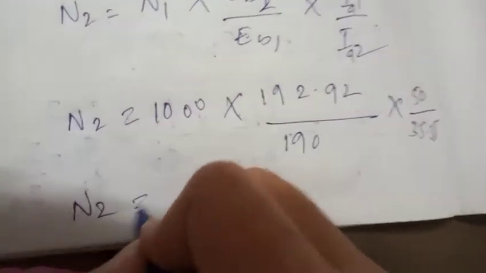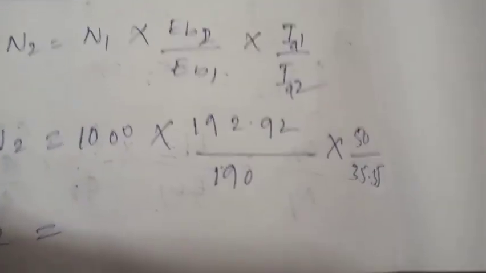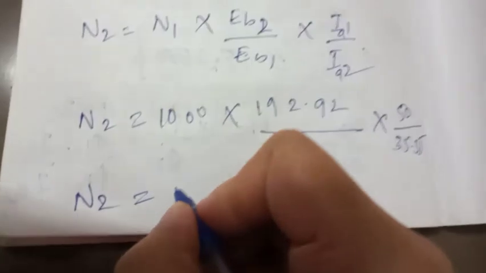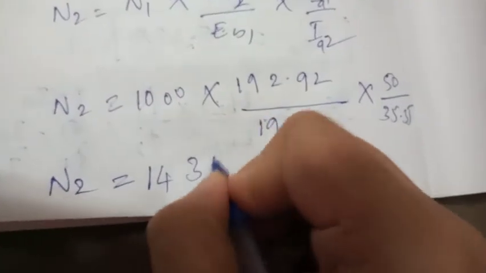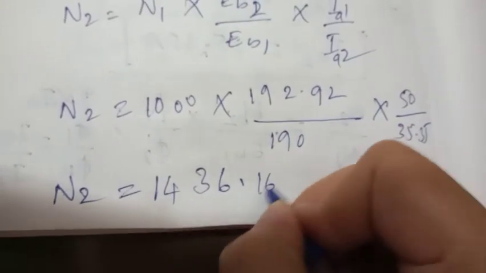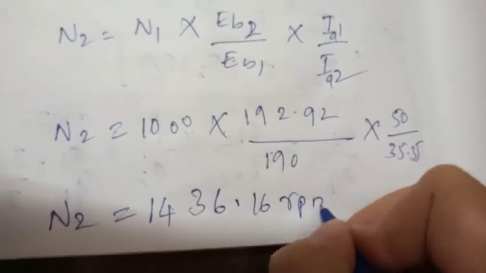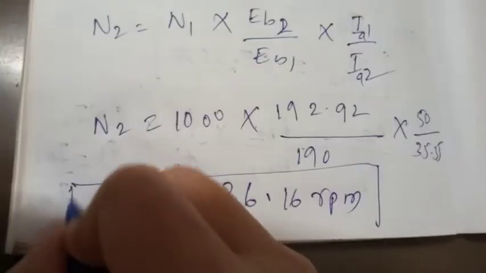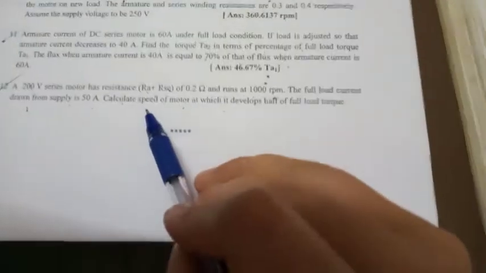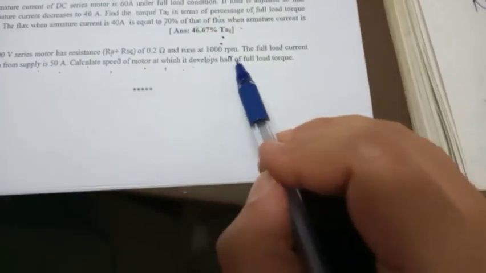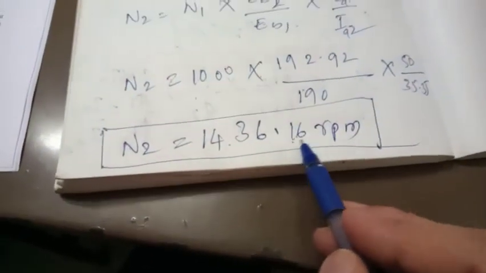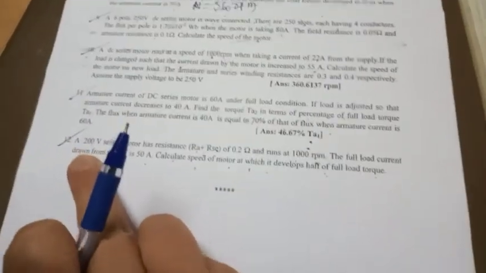So the new value of the speed N2 is 1436.16 RPM. The speed of the motor at which it develops half of the full load torque is 1436.16 RPM. So that is the solution of problem number 12.